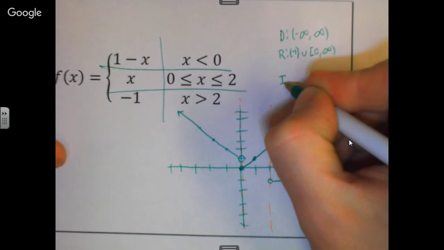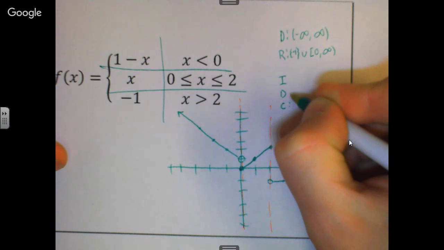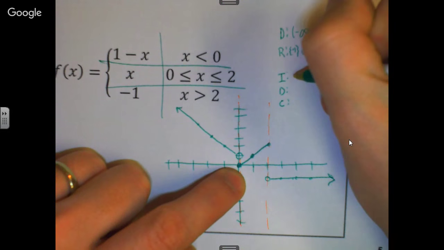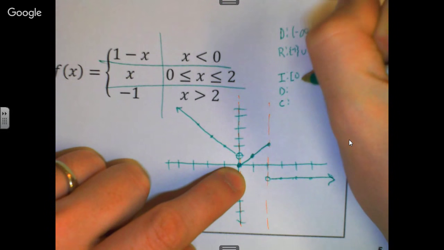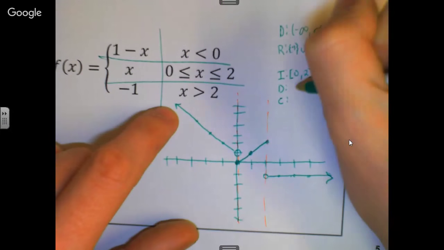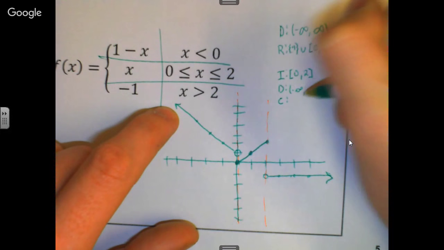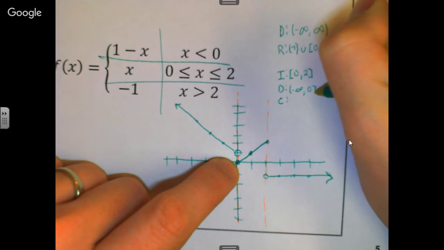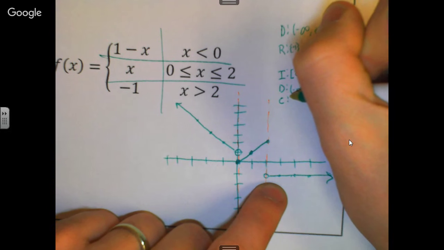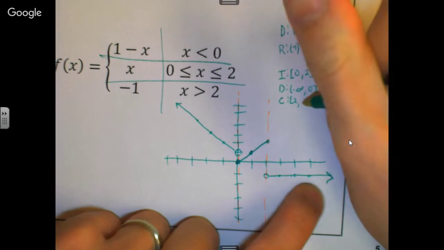So increasing, decreasing, and constant. So where are we increasing? We're increasing right here from 0 to 2. We're decreasing from negative infinity to 0, and we're constant from 2 to infinity.